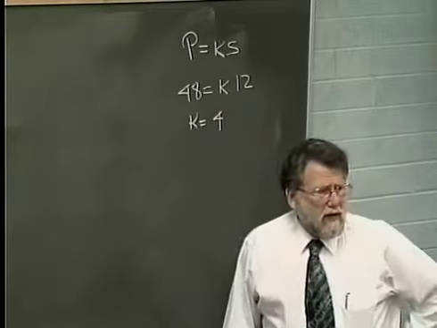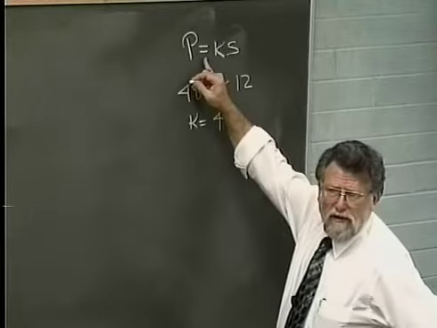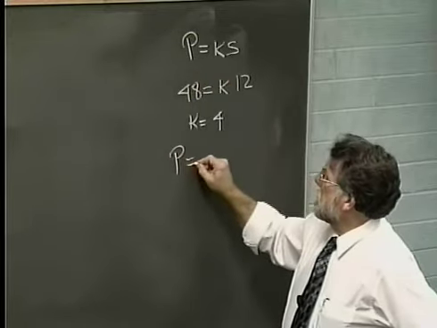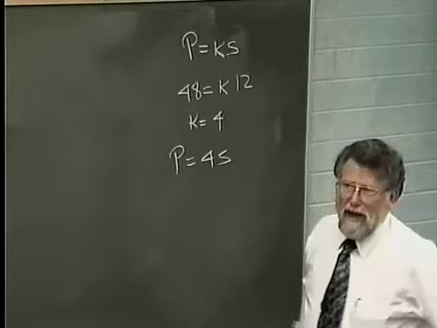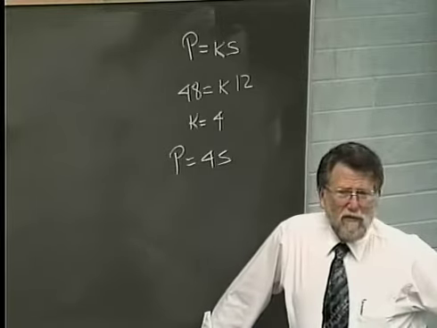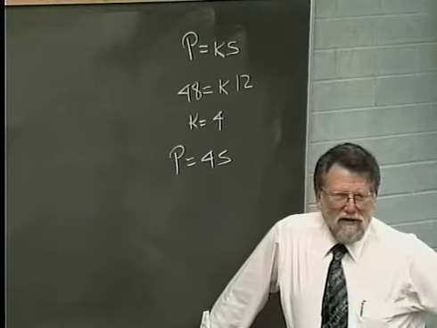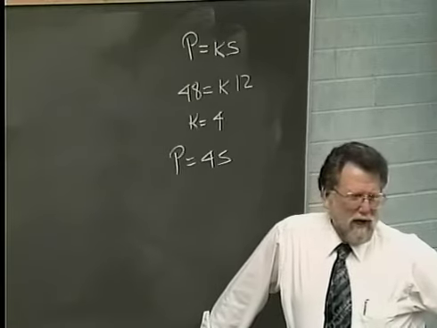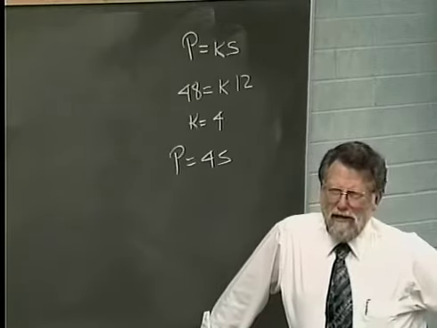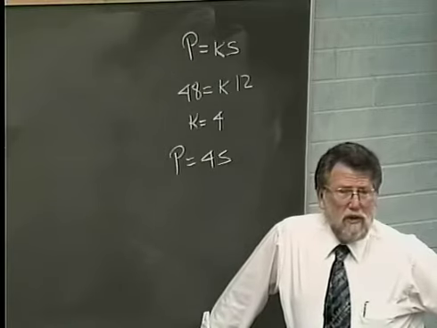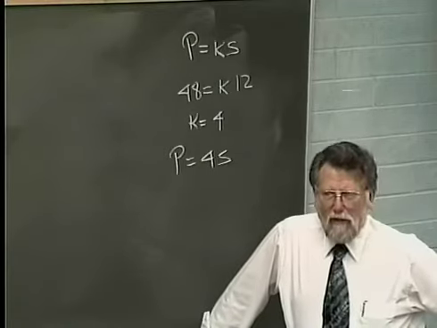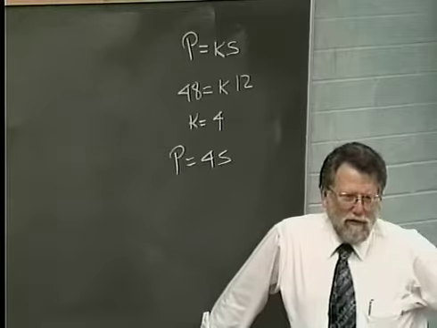Now if I know K is 4, I can come back to my original statement and now say P is equal to 4S, which, by the way, you know as the formula for the perimeter of a square. So this is manipulating terminology in a way that's questionable as to its need. If you know the formula, why are you solving for the formula in a way?